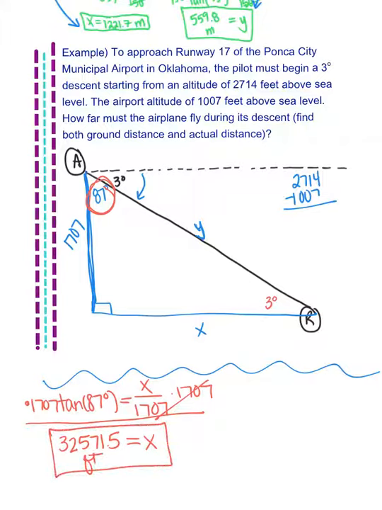All right, now let's solve for y. If I'm solving for y using this angle, I have the adjacent side, and I want the hypotenuse, so that's going to require a cosine. So I'll have cosine of 87 degrees is equal to 1,707 divided by y. So I'm going to have to multiply by y on both sides, and then divide by cosine of 87.